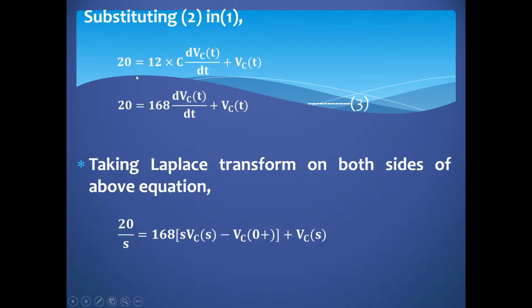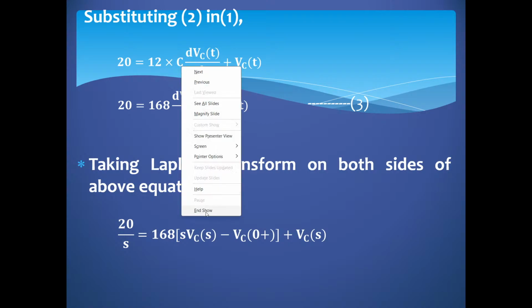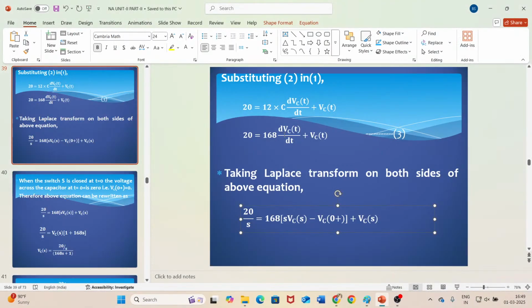So 20 is equal to 12 into C d by dt of Vc of t plus Vc of t. So 20 is equal to 12 into C value. How much is the C value? 14, isn't it? So instead of writing C, I might have written here 14.